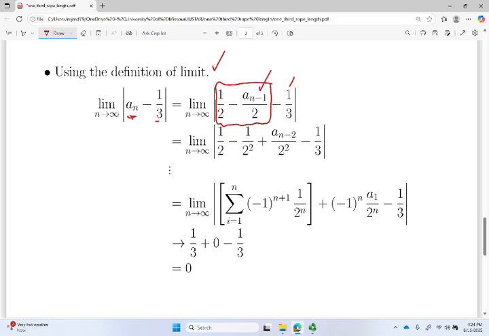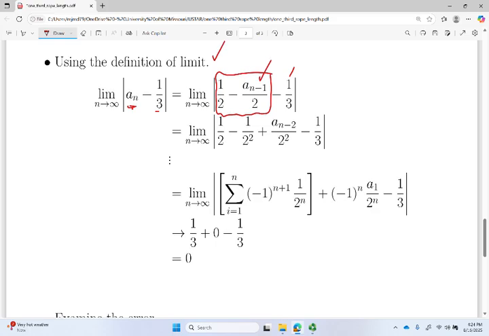But then I put in its previous term. And you can show the math that it's 1/2 minus 1/2 squared plus the two previous terms over 2 squared. And we can continue. Since we're at n, we can keep doing this until we get to the first term, a1, which is our initial guess.